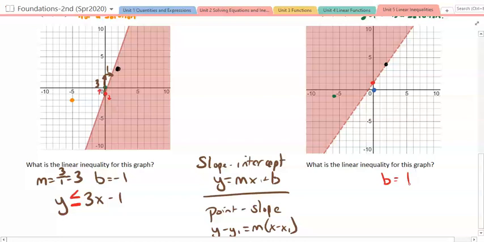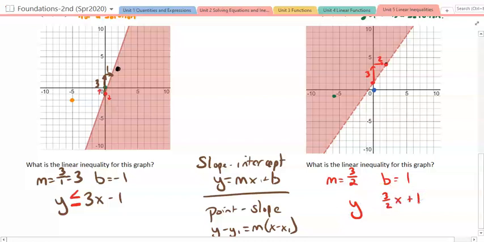And I look for my next point that I can get, and it's actually this black point here that we had before, which was 2, 3. And so how far do I rise and how far do I run? Well, I'm going to rise 3 and run 2. So my slope is 3/2. And so I get the y, I get the 3/2 x plus 1.